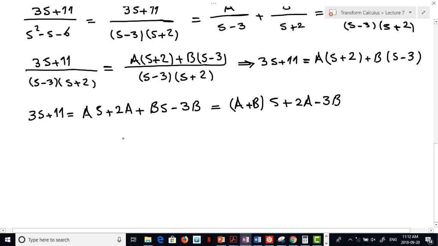Now you just compare the left hand side and right hand side of the equation. Here we have 3s plus 11. On the right hand side we have A plus B times s plus 2A minus 3B.